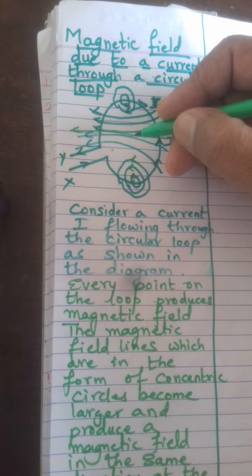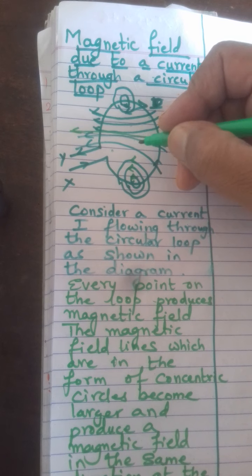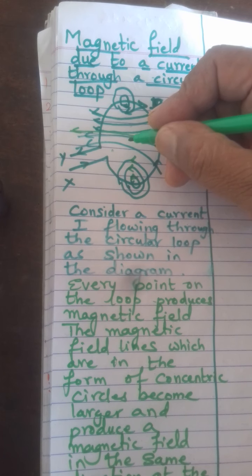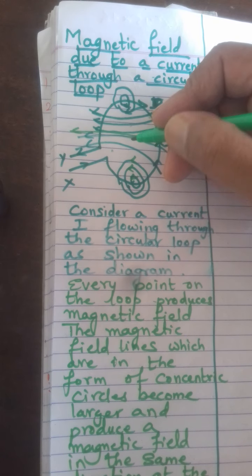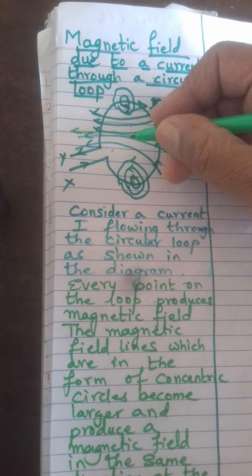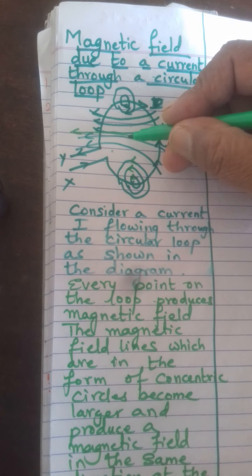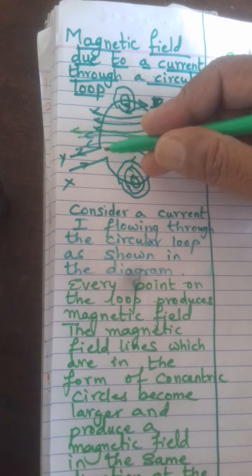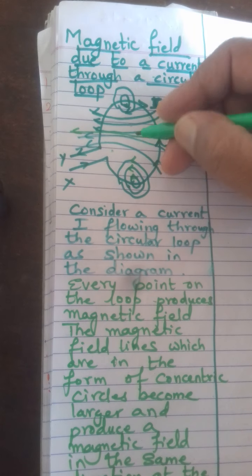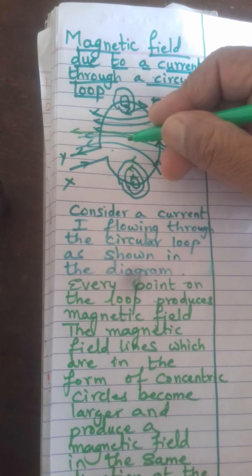As a result, the magnetic field produced at the center of the circular loop carrying current will be very strong. So a circular loop carrying current produces a strong magnetic field at its center.